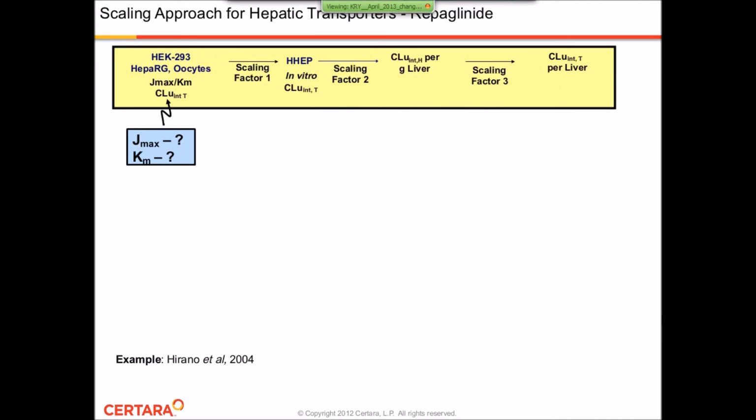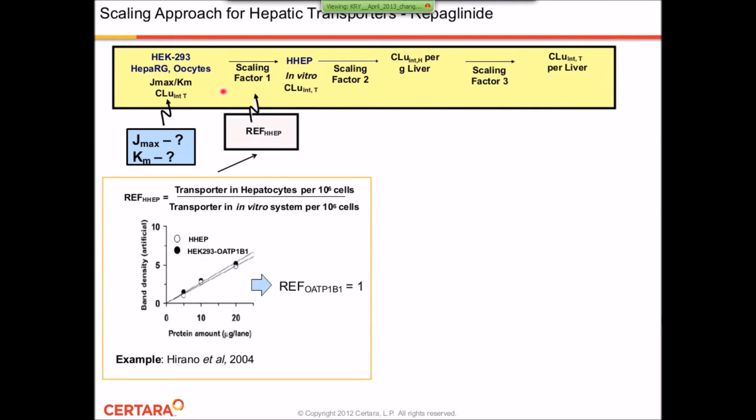In this next slide here, we know that repaglinide is an OATP1B1 substrate, and therefore it's important for us to build that into the kinetics of the drug. So once we've got the in vitro data, what we would do is then apply what we call a REF factor.